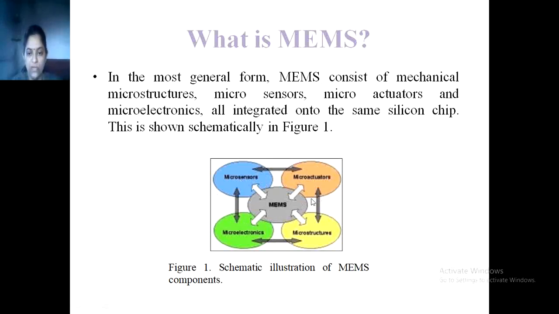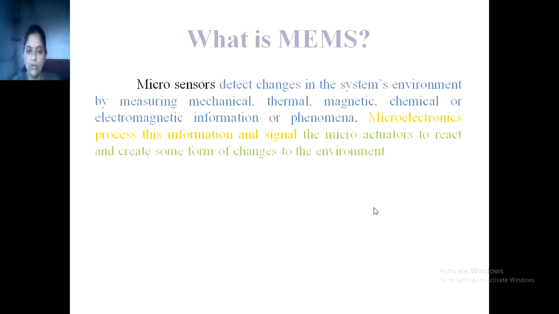The figure shows a schematic illustration of the MEMS components, that is microsensors, microactuators, microstructures and microelectronics. A microsensor detects changes in the system environment by measuring mechanical, thermal, magnetic, chemical or electromagnetic information or phenomena.